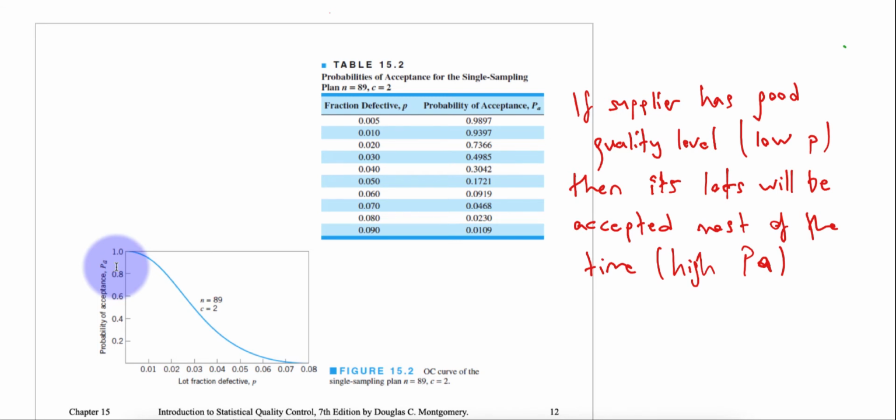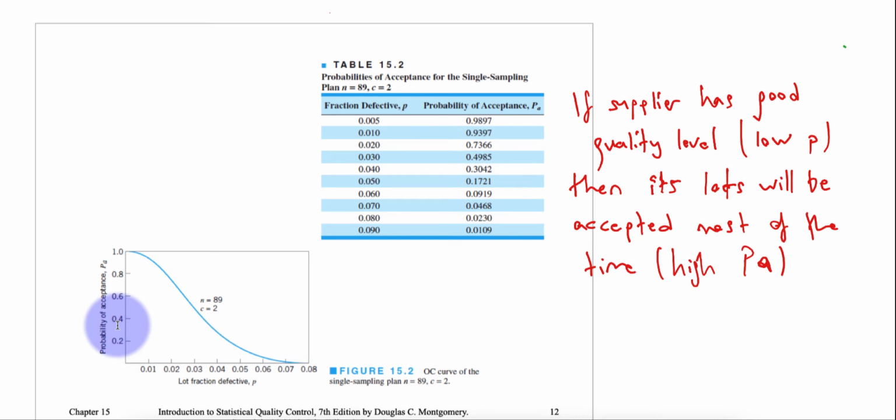So this, I said, is showing the discriminatory power of the acceptance sampling plan, right? Here we can calculate the alpha and beta error probability, right? Because, for example, when you have high fraction defective in the lots, the probability of acceptance will be lower.